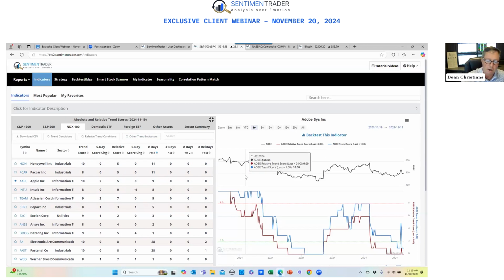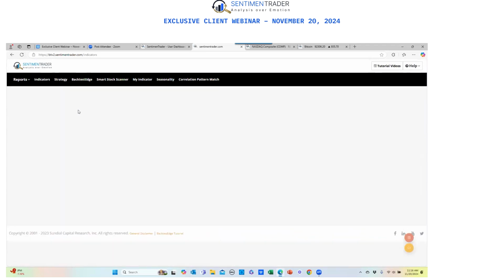So if you saw that in here, you might say, boy, that seems like an extended downtrend in PayPal. Let's keep an eye on PayPal and see if it is basing out or turns up, and we see that relative trend score go above 8, and we see that trend score go above 8, and that may provide us with a trading idea.